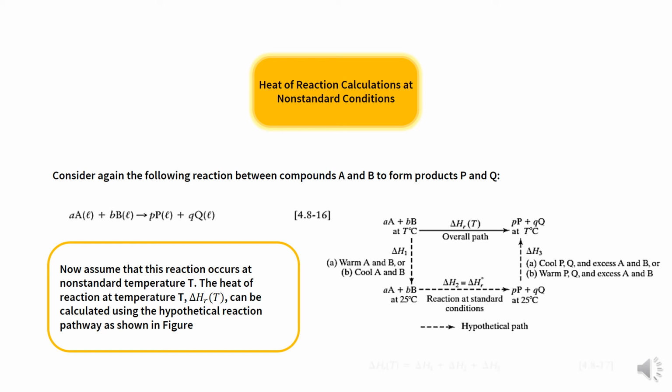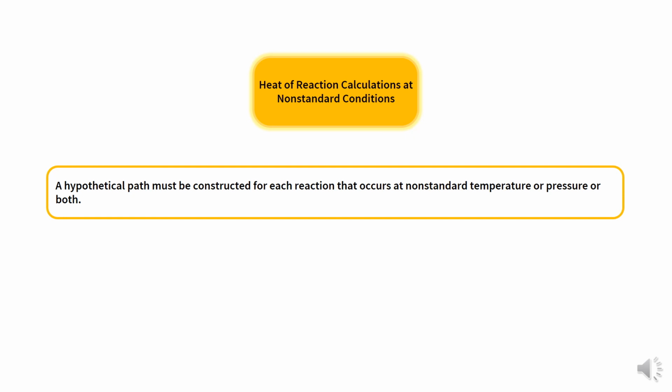The enthalpy change for a given amount of material at a non-standard T is calculated from the parts of the hypothetical path, and the equation can be seen in the following equation. A hypothetical path must be constructed for each reaction that occurs at non-standard temperature or pressure or both. To account for temperature change, heat capacities are required.